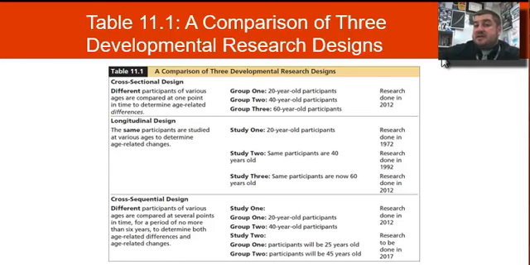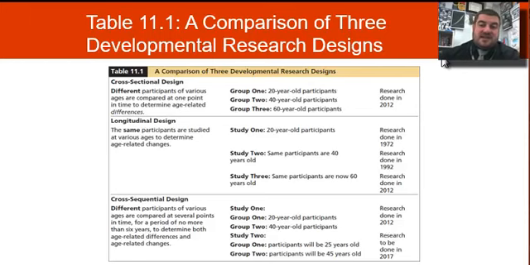Instead of following the same people for 20 years to see how they can change, a cross-sectional design takes one group of 20-year-olds, one group of 40-year-olds, and one group of 60-year-olds all at one time to see how they're different.